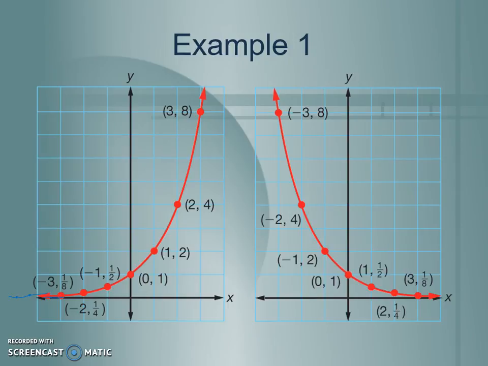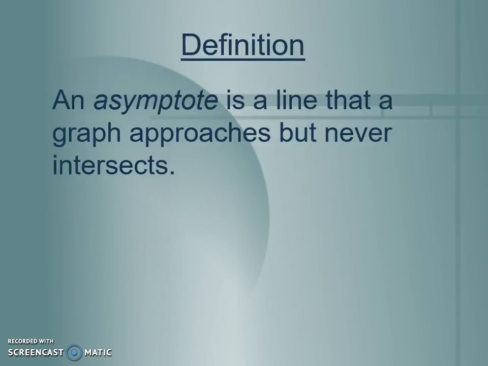And same thing over on this side. It gets closer and closer to x, but it's never actually going to touch the x-axis. This is called an asymptote. So an asymptote is a line that a graph approaches but never intersects. So here, in this case, we have a horizontal asymptote because we are never going to actually touch our x-axis. We're just going to get closer and closer and closer.